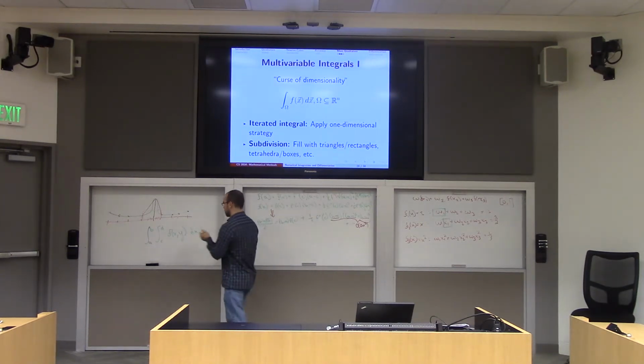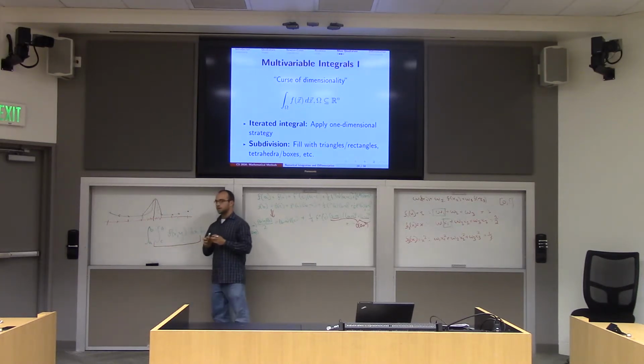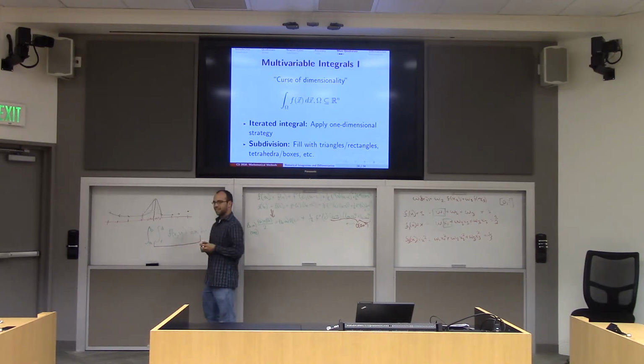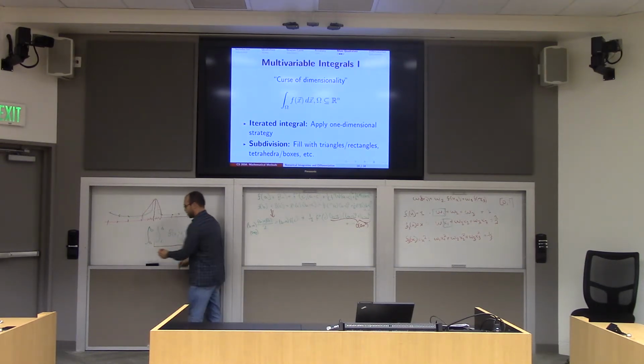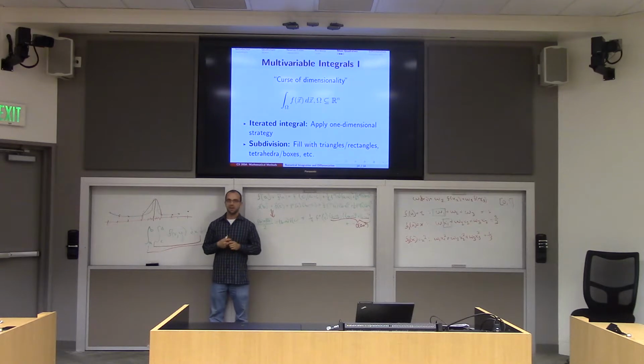One thing you could do is group it like this, so it's now an integral in a single variable, just an x. I can apply one of my favorite quadrature schemes to this, think of the output of this little bracket as another function, and then apply a second quadrature scheme to integrate in y. This is called iterated integration, and it's a very effective, easy to use strategy. You have to be a little bit careful because the error terms multiply here, so you're going to have to sample pretty densely.